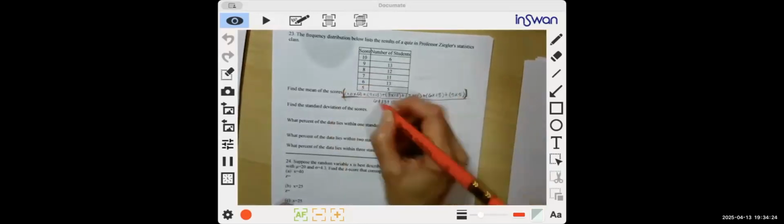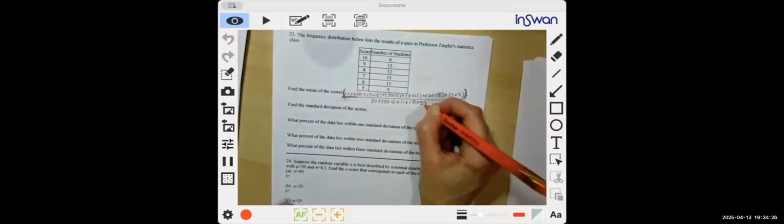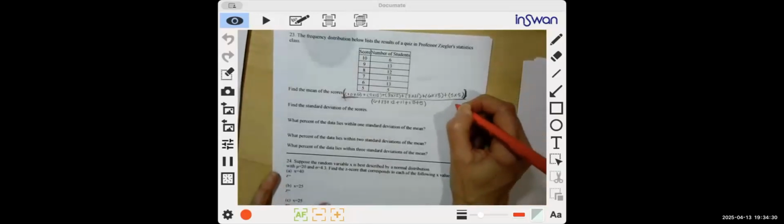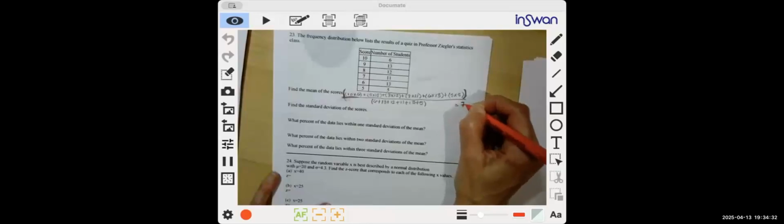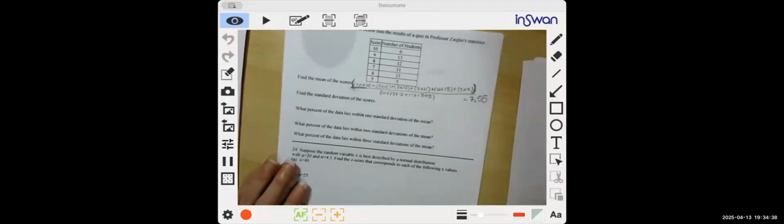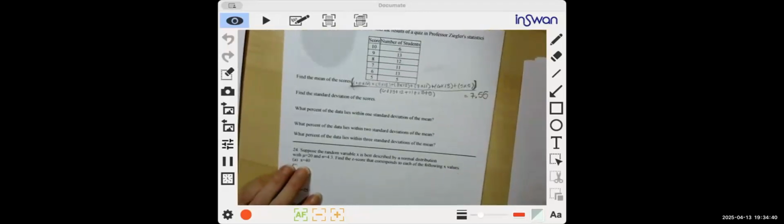So if you type in like that, the Desmos calculator will tell you the answer is 7.55. And then for the standard deviation, we would do the same kind of idea.